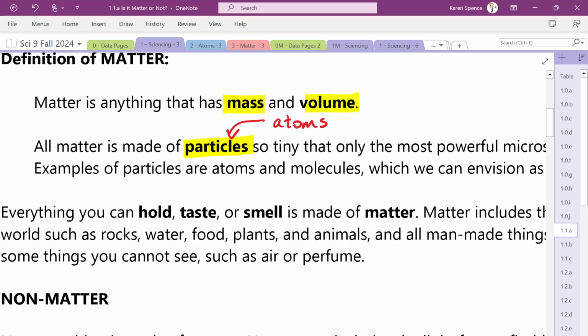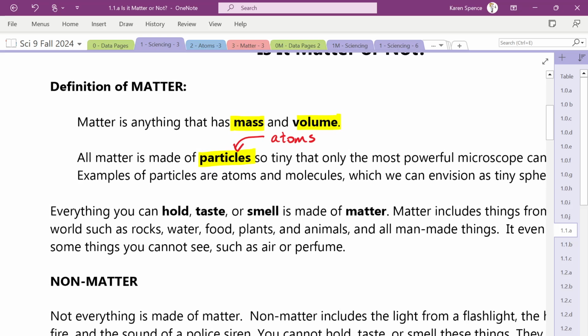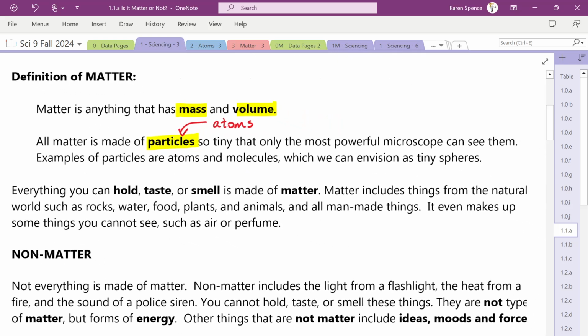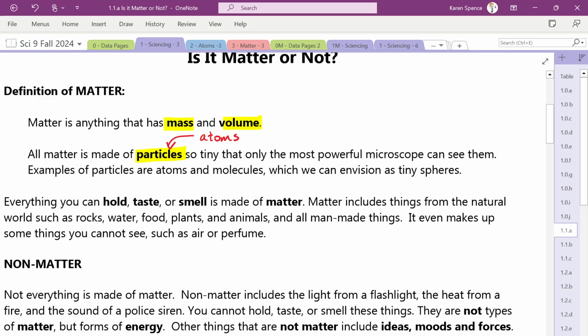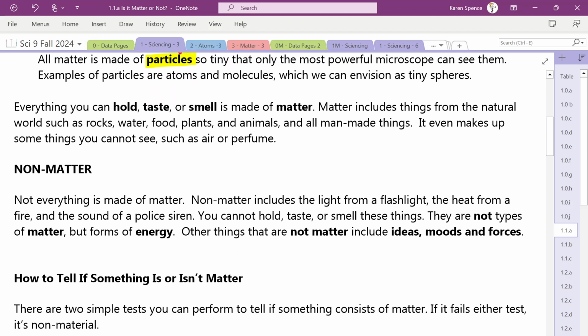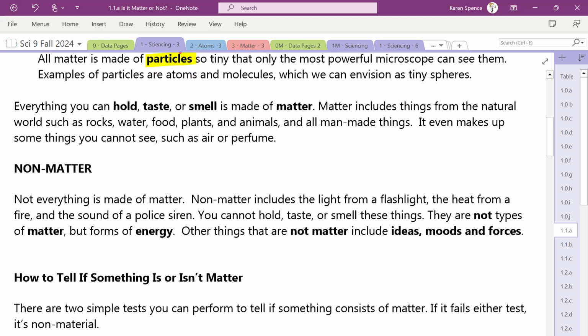So anything you can hold or taste or smell is matter. All right? That includes all man-made things and all sort of things of the natural world, like rocks and water and food and plants. Now, if something is non-matter, it's going to include things like energy.